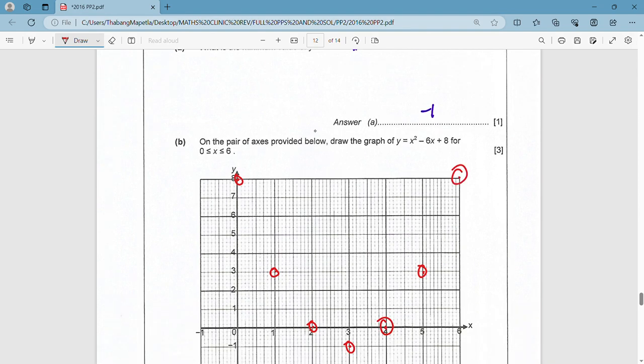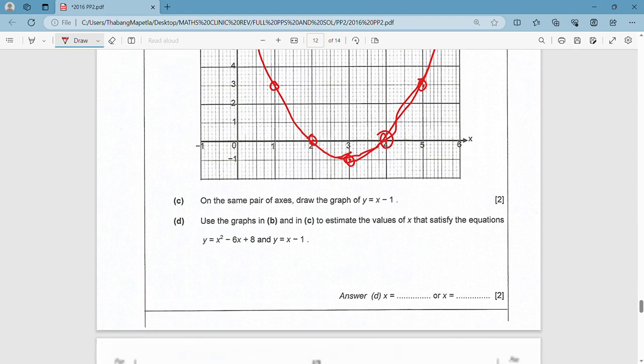Let me join them with this smooth curve. It should be a parabola and should never be woolly like mine.